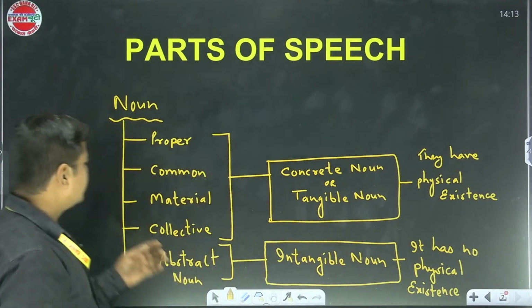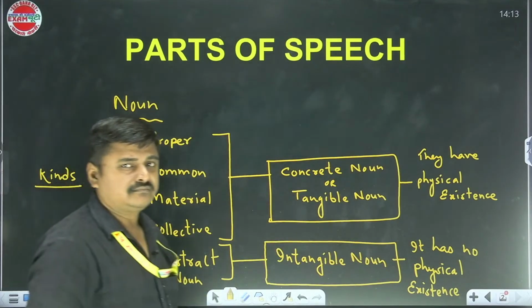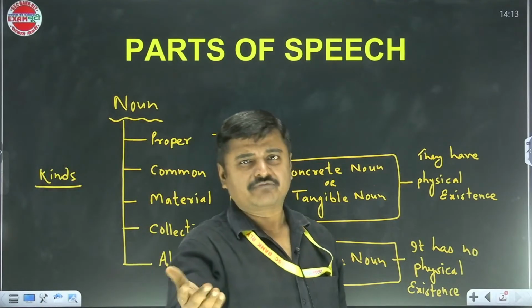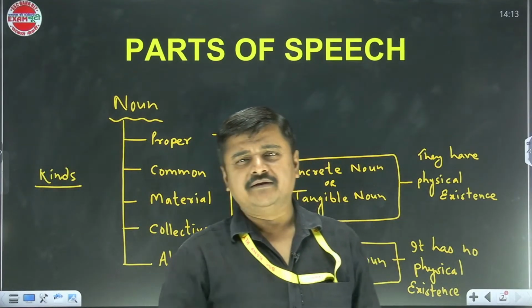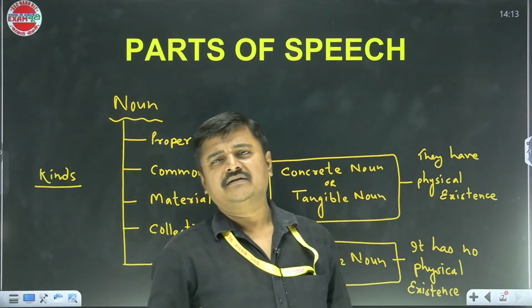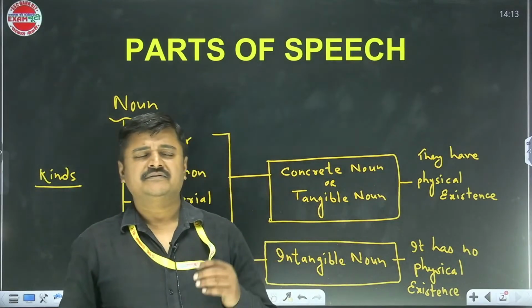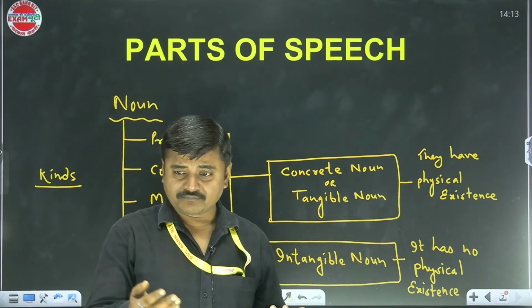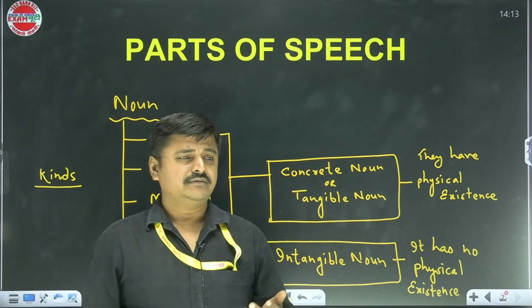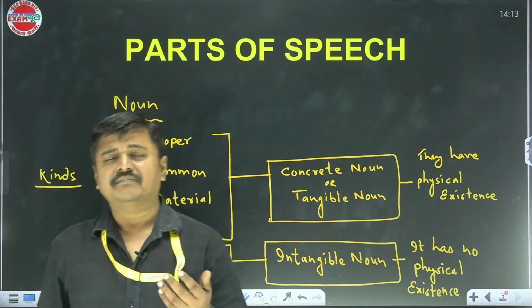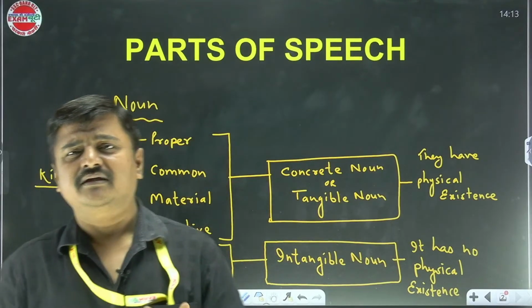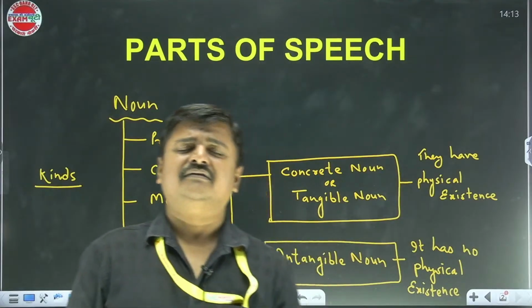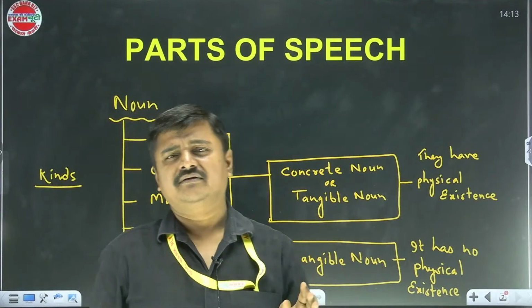Let's take some examples from common noun. Take some examples from common noun like pen, pencil, copy, bus, class. Take anything like comb, bus, scooter, cycle, this camera, even this board.